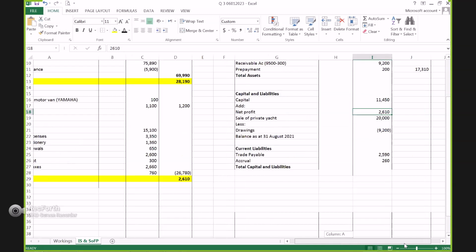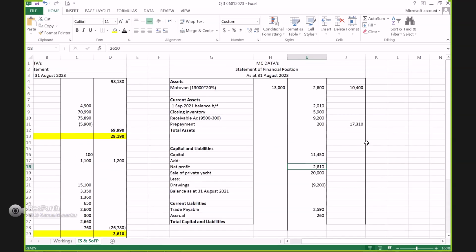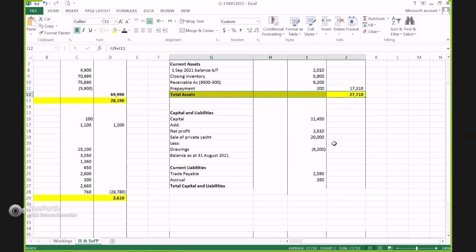Now we have to balance the statement of financial position. So the total assets: motor van net amount 10,400, current assets 17,310. Therefore, the total assets 28,100.